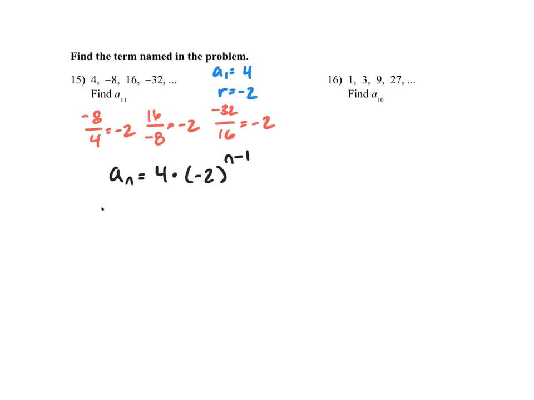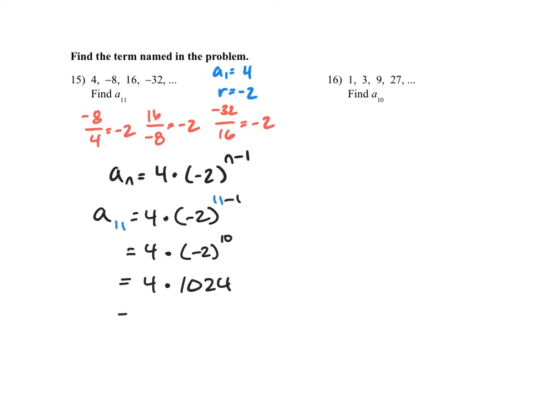However, we don't want that. We want the 11th term. So that's going to be 4 times negative 2 to the 11 minus 1. Well, that's really 4 times negative 2 to the 10th. Hey, we've already done negative 2 to the 10th, right? So it's really 4 times 1,024.